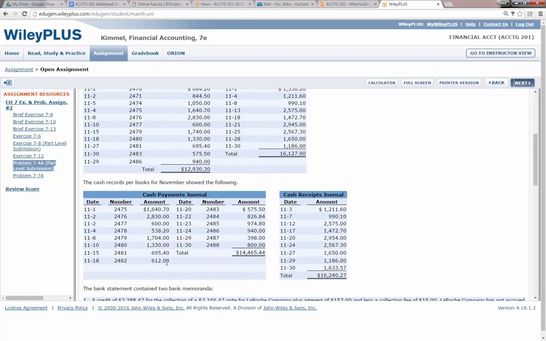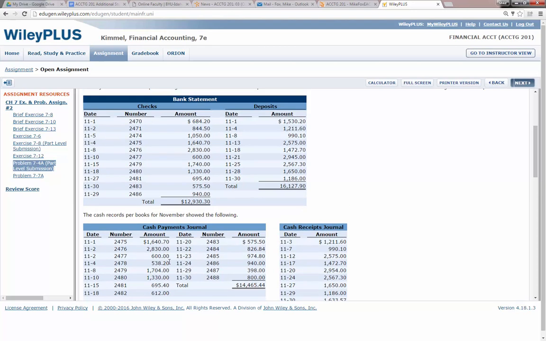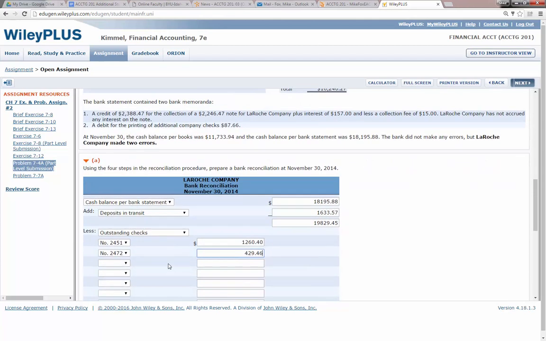Now we'll look at the checks we wrote this month and make sure they've cleared the bank. So 2475, there it is. 76, 77, 78. We've written it, but it has not cleared the bank. So there's another outstanding check, 2478 for $538.20.